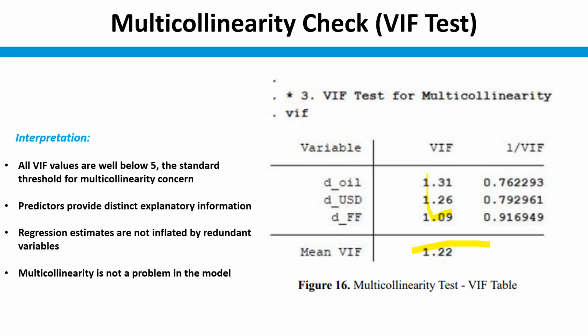Now, our values are below the threshold of 5, so this is not a concern, and our explanatory variables provide distinctive information. So we can say finally that multicollinearity is not a problem, and the regression estimates are reliable, maybe stable.